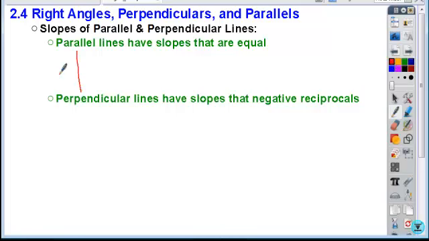Okay, so if we looked at the graph of two parallel lines, in order for these two parallel lines to never intersect, if you have a specific rise over run for one graph, the rise over run of the other graph has to be the exact same in order for the lines to never intersect with one another.